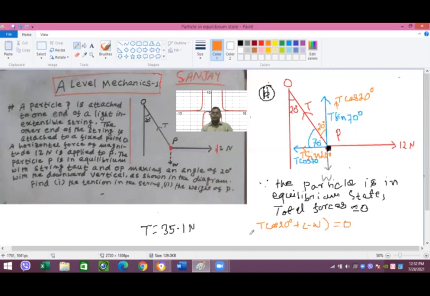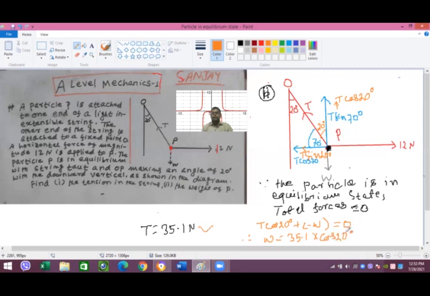And then therefore your W value in this case will be, if you transpose W towards the right, then it will be plus W. And then the value of T we have already obtained in question number 1, part 1 of this question. So it is 35.1 times cos 20 degrees.